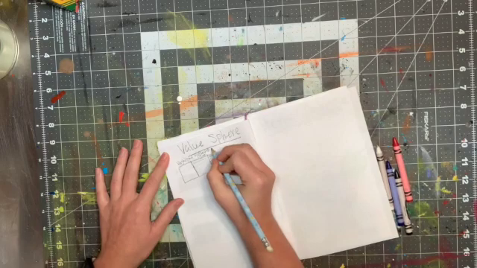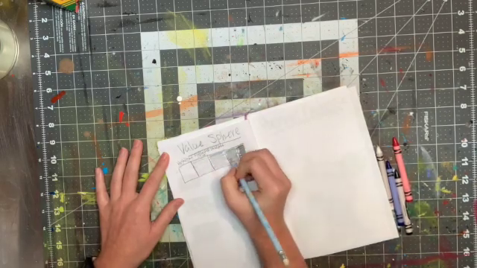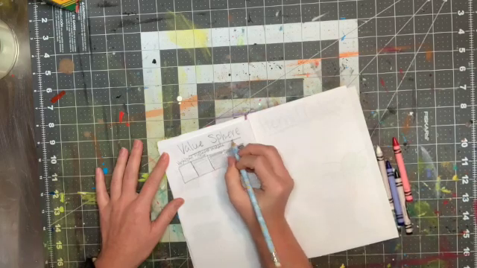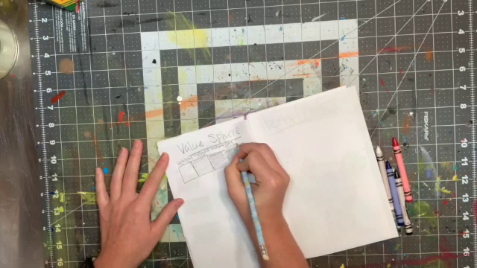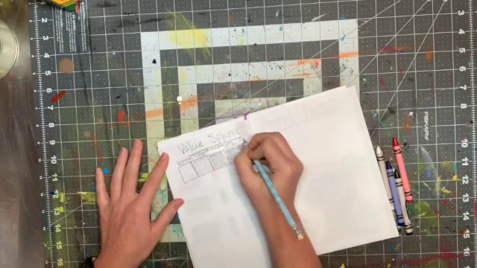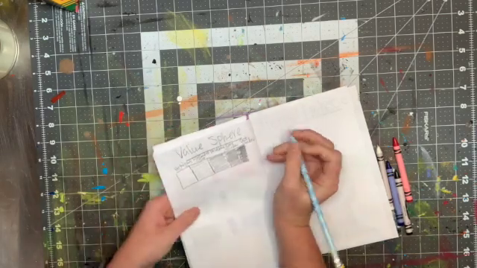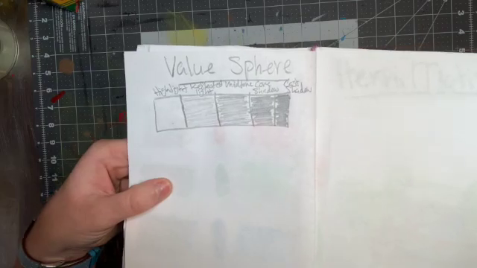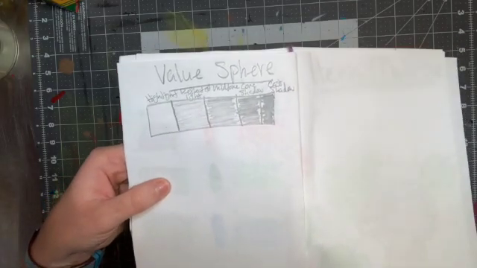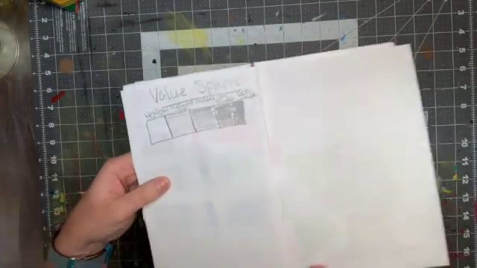You can write whichever one. Mid-tone. Our fourth one is our core shadow. It's 2 words. And then our last one is our cast shadow. All right, so there we have our different values for our sphere. Now we're going to be actually making our sphere.